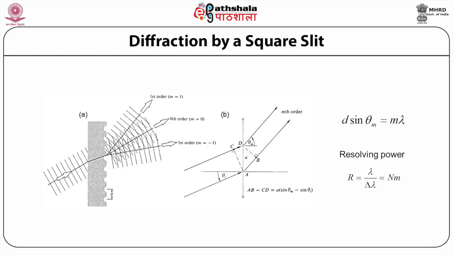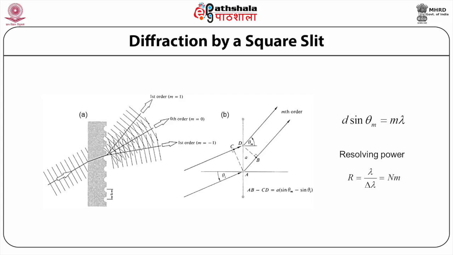Every slit is diffracting light, so a combination of slits also diffracts light in such a way that on the screen you get the colors separated. Different colors in the incident light get scattered in different directions. So diffraction gratings are used to separate the colors.